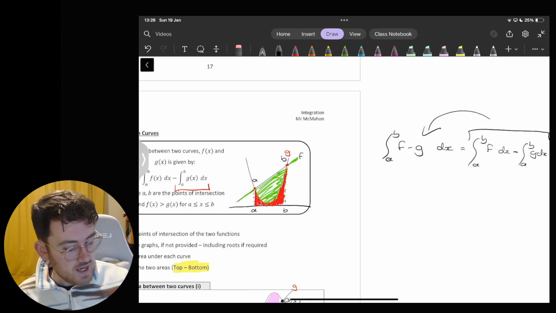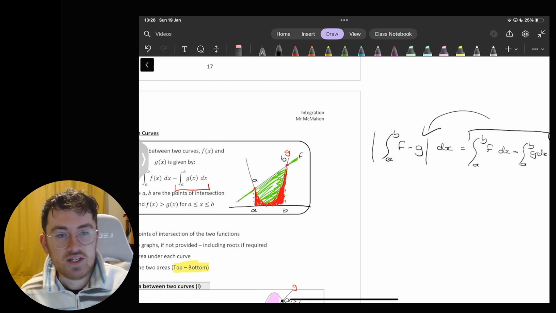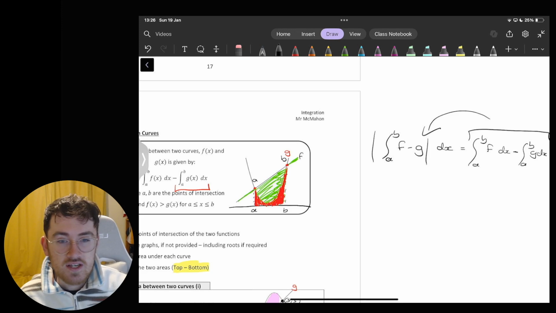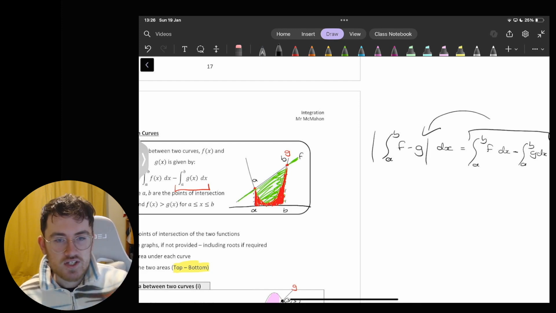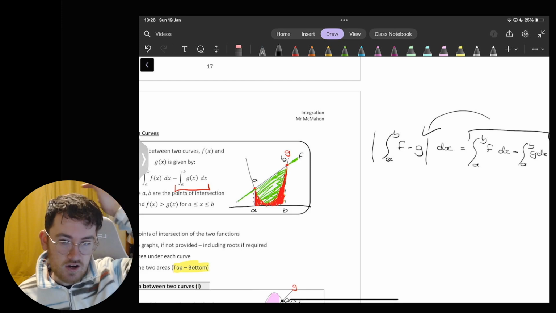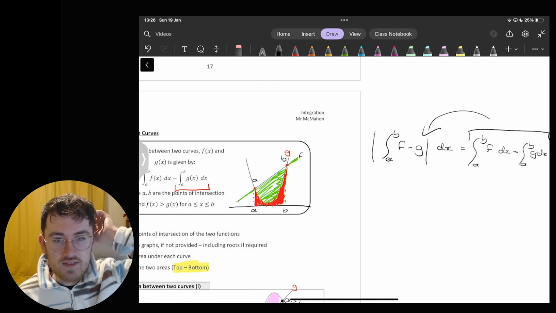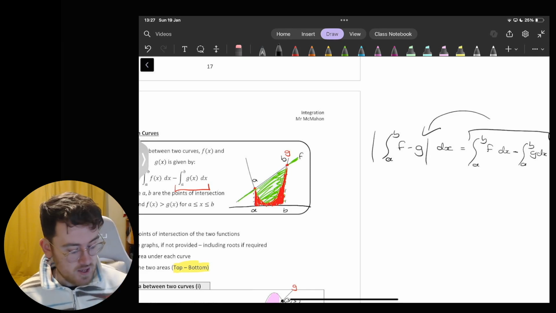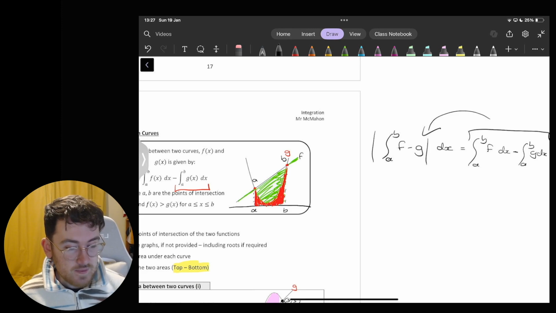I suppose just being careful as well here, that we always consider an absolute value, because if all the regions are below the axis, there is that potential. It's more just a general way to make sure that we end up with a positive value there, because we are looking for area. But this can prove quicker. Okay, there's no two ways about it. This can prove to be a lot quicker.